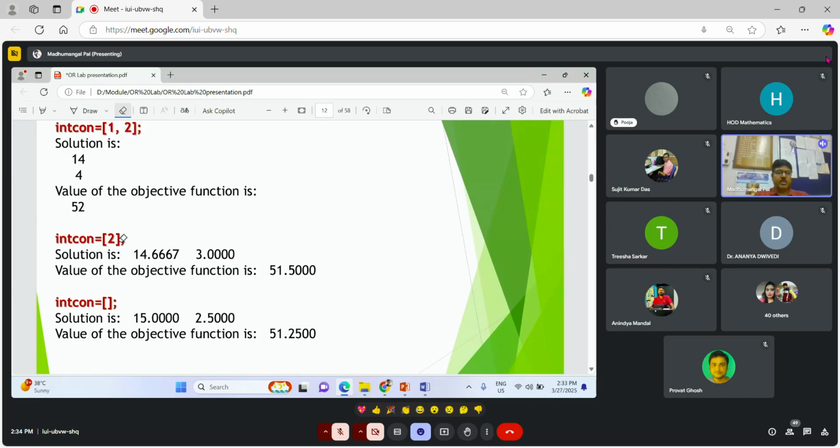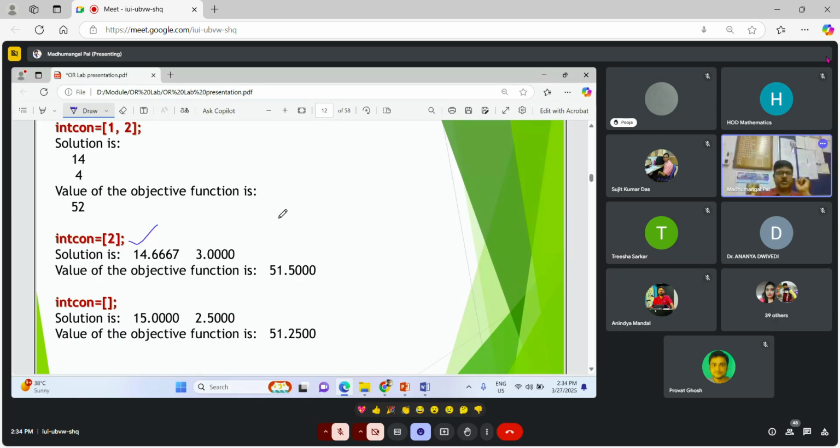Now, if we define intcon equal to 2, that means only the x2 variable is the integer variable. And what about the other variable? The other variable is an arbitrary real number. It may be a fraction, it may be an integer.